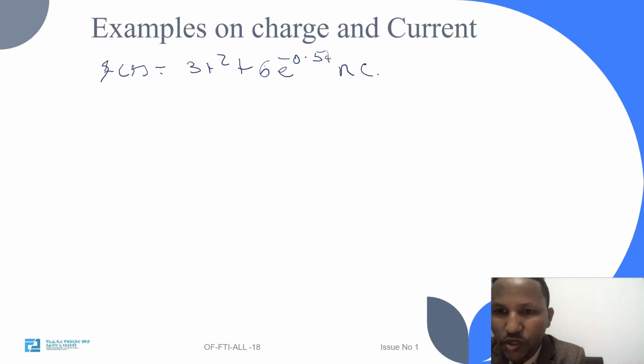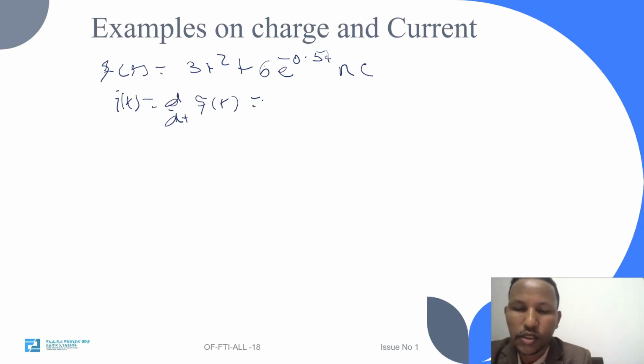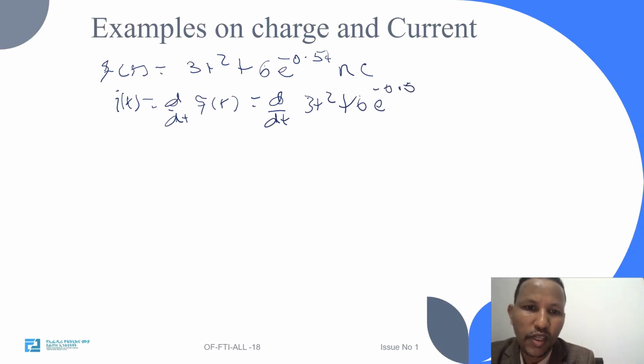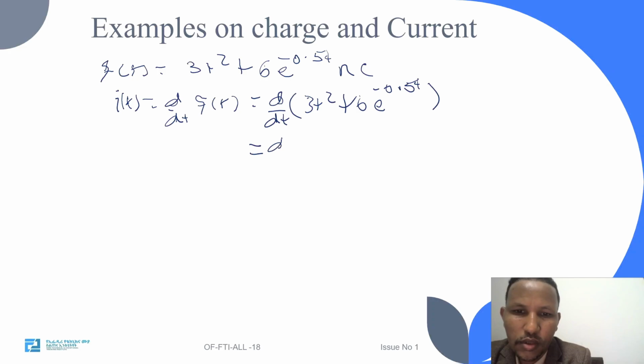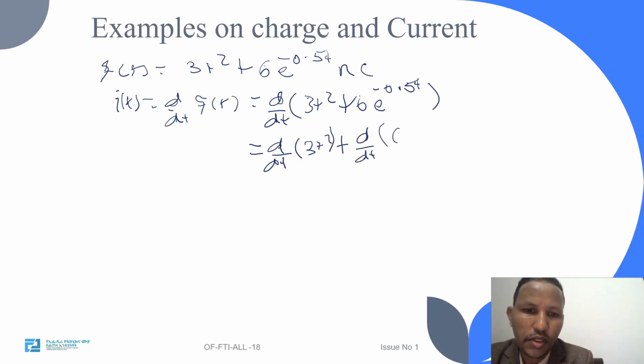Okay, with the same approach, i of t is given by d by dt of q of t, which is equal to d by dt of 3t squared plus 6 e raised to minus 0.5 t. So we have d by dt of 3t squared plus d by dt of 6 e raised to minus 0.5 t.